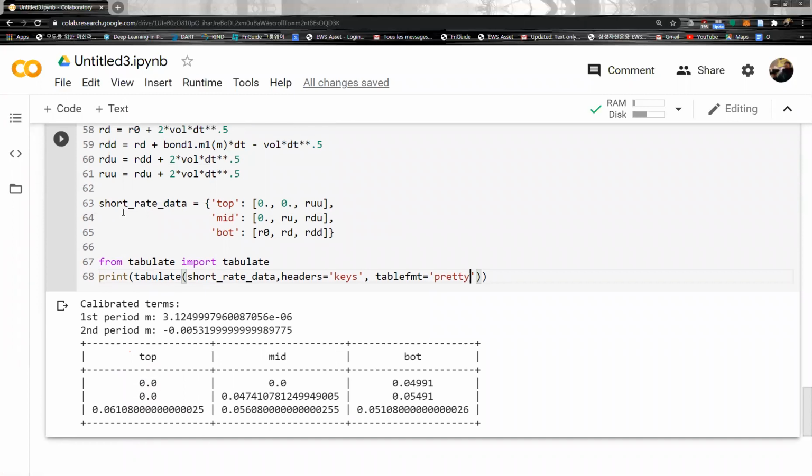So this is the step 0, step 1, okay, step 2, okay. And then step 1, this should be, in fact, R0.